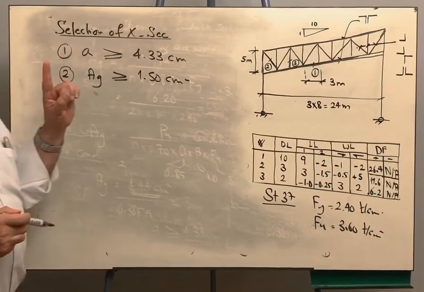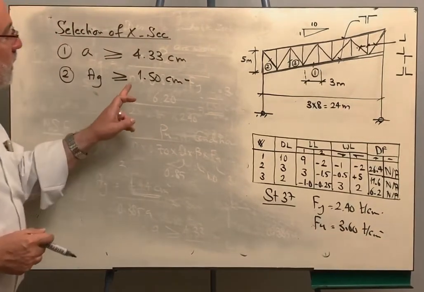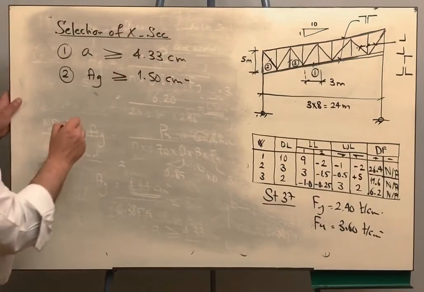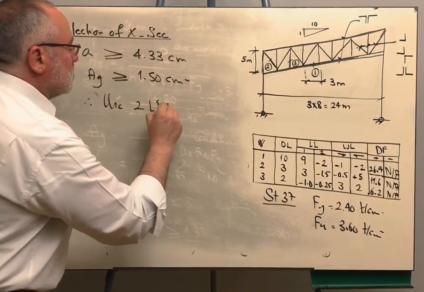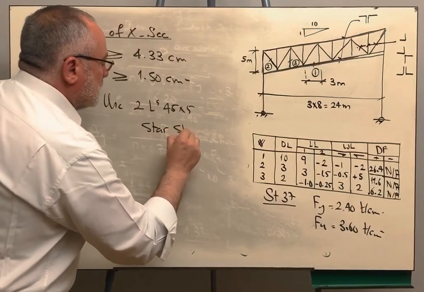If you look at the first angle in the table, angle 45 by 45 by 5, you will find that it is satisfying the area and also satisfying A. Therefore use 2 angles 45 by 5 as star shape.